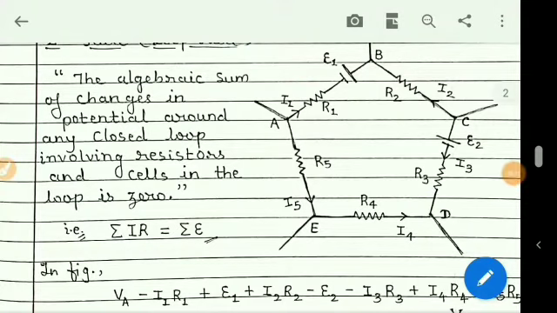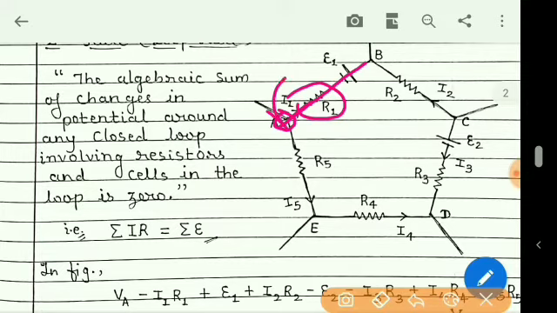So students, from any point when we start to move, potential goes on changing. Here as the resistor comes, from this point to this point, the potential changes. Again from this point to point B, as there is a cell, again the potential changes. Again now there is a resistor in between, that is R2. So from this point to this point, again potential changes.